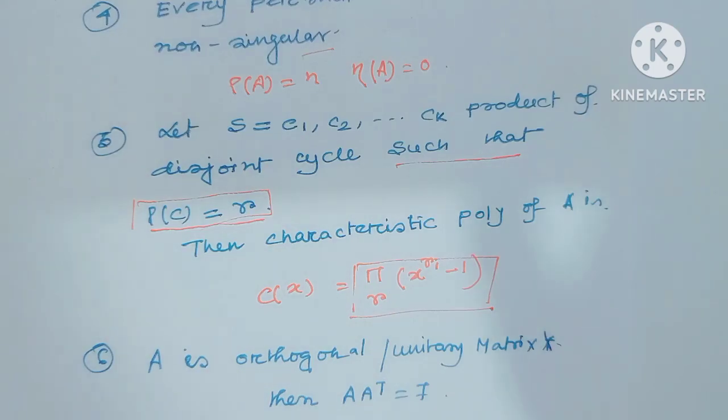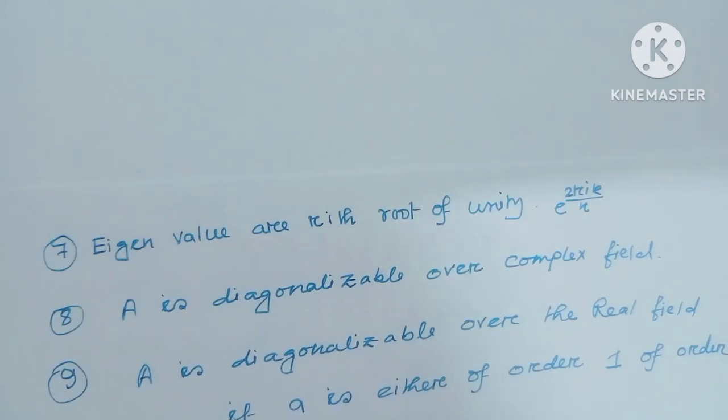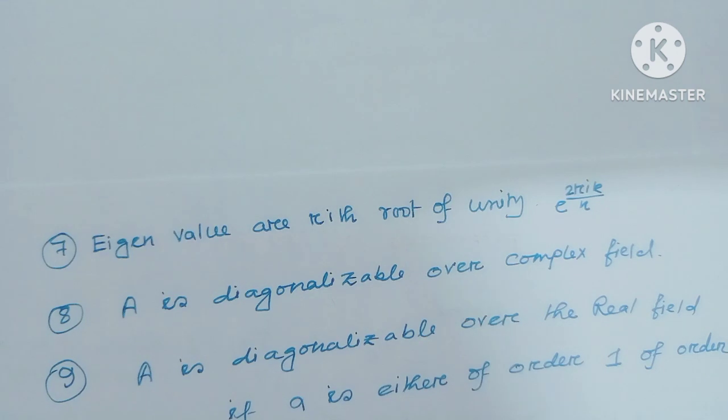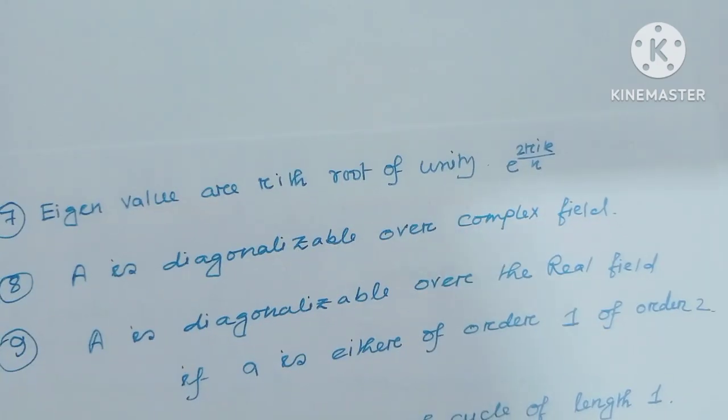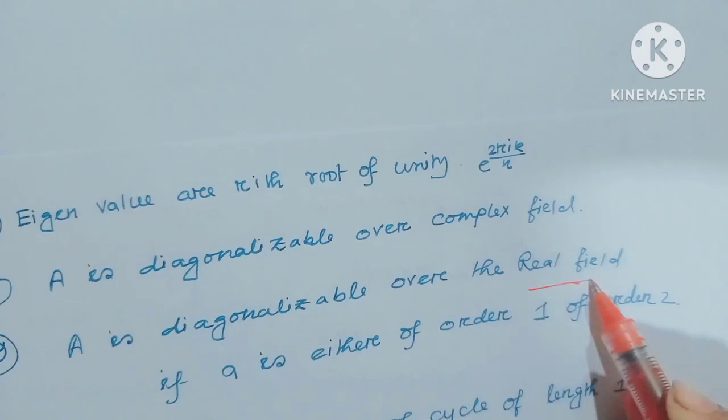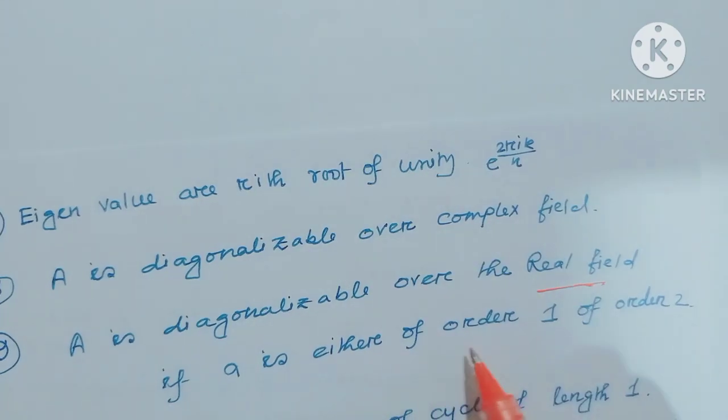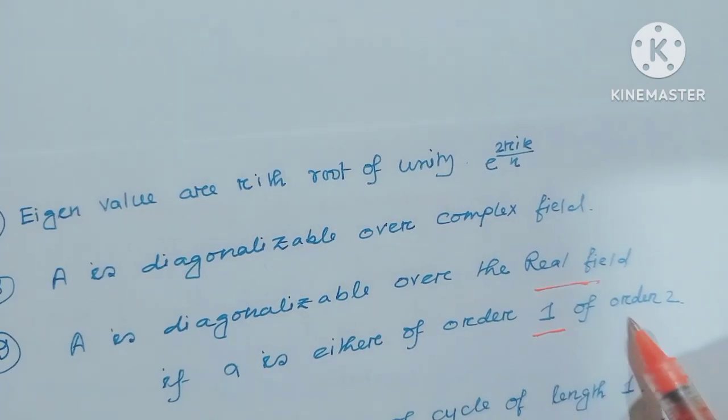Other property: eigenvalues are roots of unity, that means e to the power 2 pi i k over n. Property 8: A is diagonalizable over the complex field, but A is diagonalizable over the real field when sigma is of order 1 or order 2.